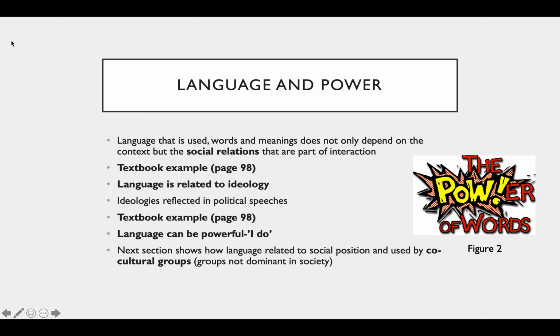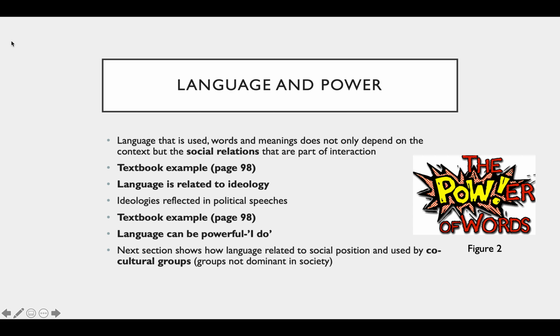They go on in the introduction to say that language is very powerful. Even saying the words "I do" in a marriage carries weight. It has power. Being called names is hurtful. And they go into more examples there. Within this section, we show how language is related to social position and how it's used by co-cultural groups.